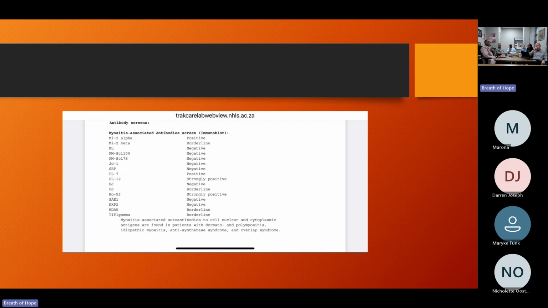This is what it came back as. So, Mi-2 positive, PL-12 positive, strongly, PL-7 positive, Ro52 positive. And I can tell you that this patient did have interstitial lung disease, and she obviously had quite a bit of skin involvement. So, which is the culprit here? I'm not too sure, because Mi-2 usually spares the lung.